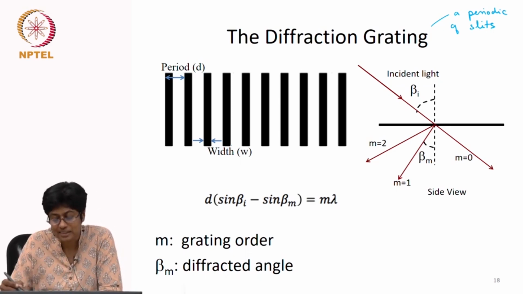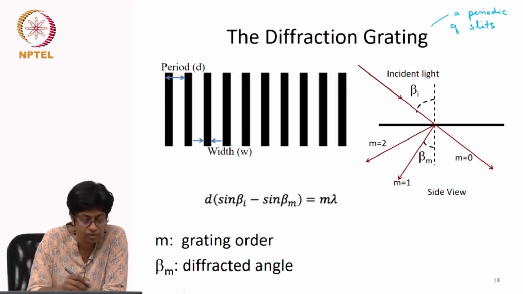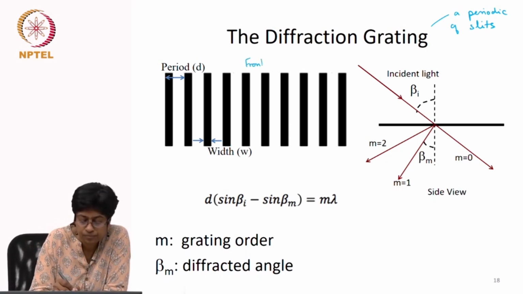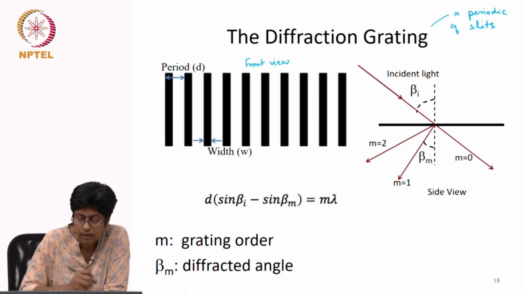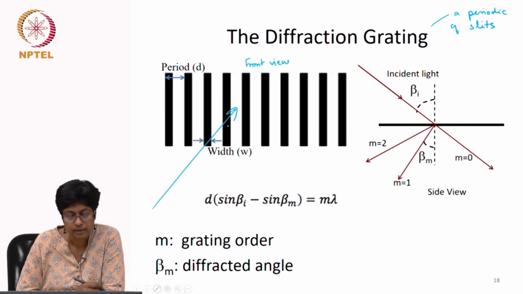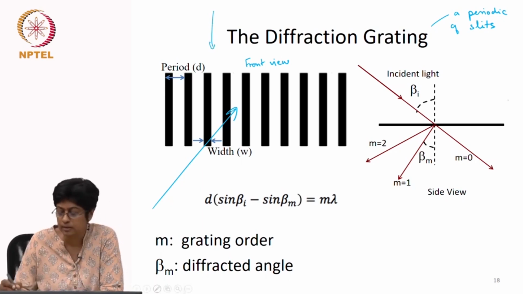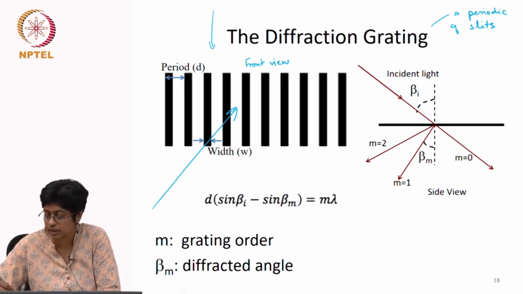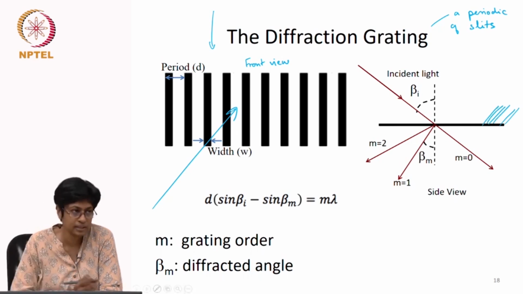When light is incident on the grating, so this is a front view of the grating, and now if I were to illuminate the light and look at it from this point, that's what you're seeing over here. So the grating exists like this, and you're illuminating the light.